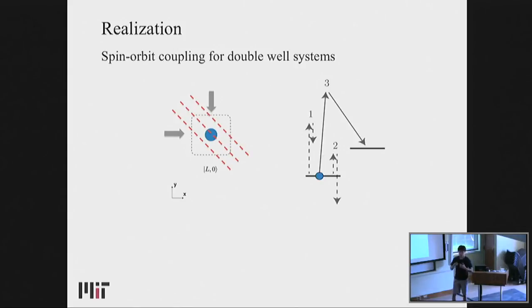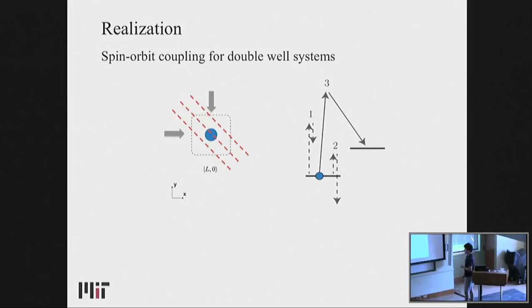This is just the condensate staying within the left well, still in its left well, but with a modulation imprinted by the Raman lattice. And process number 3 is the process we want. It's a spin-orbit coupling term, which means that we are transferring atoms from one state to the other, doing the spin flipping.